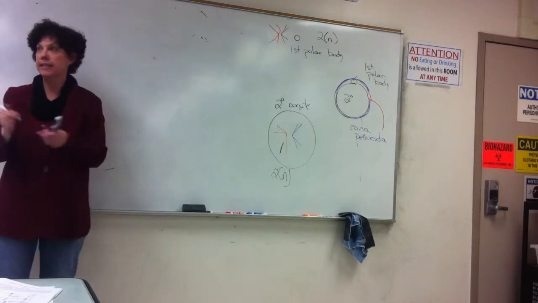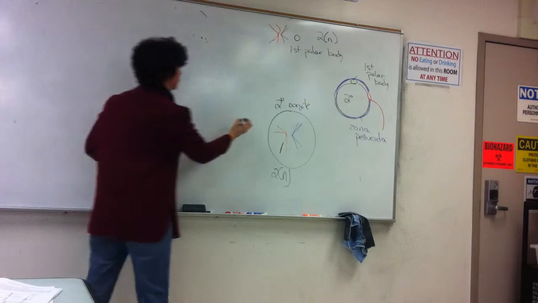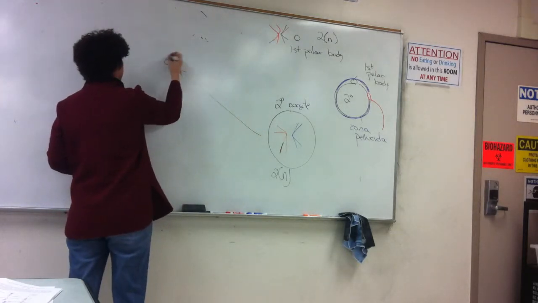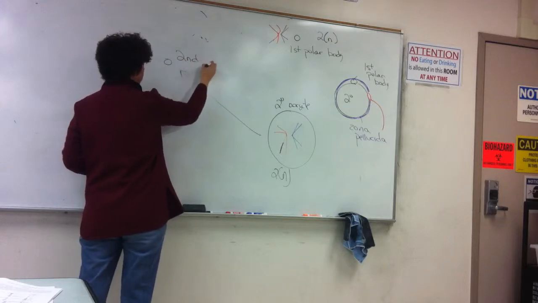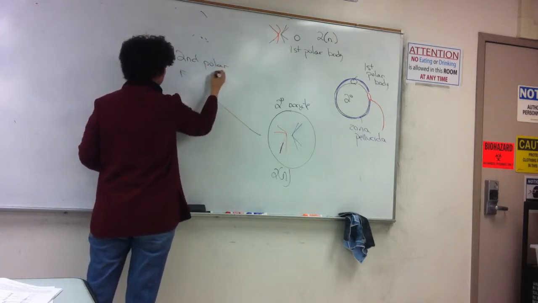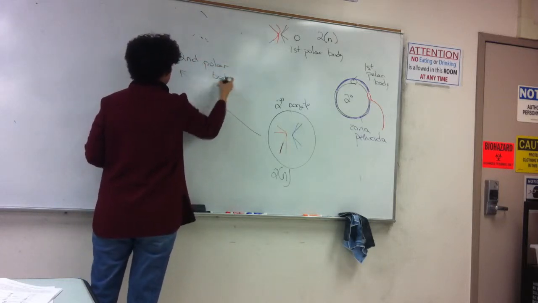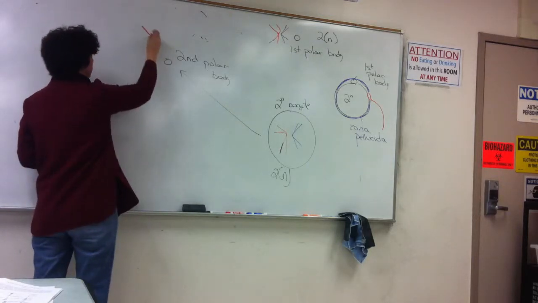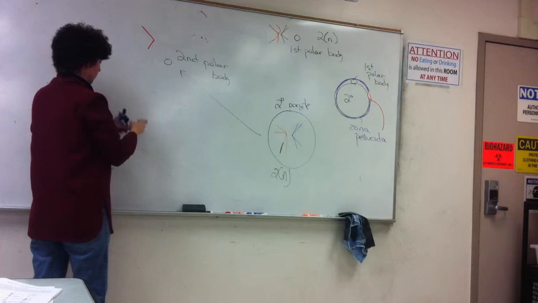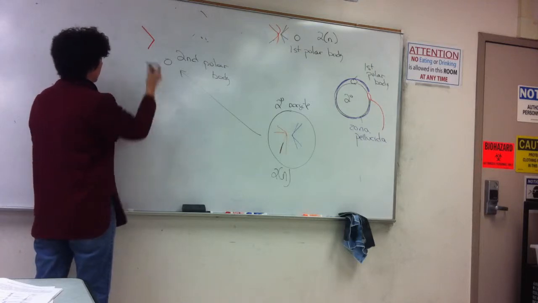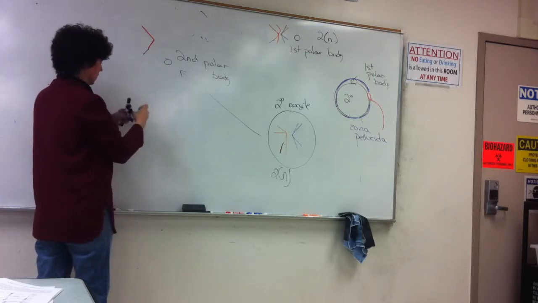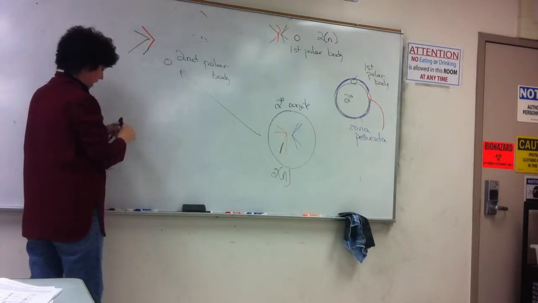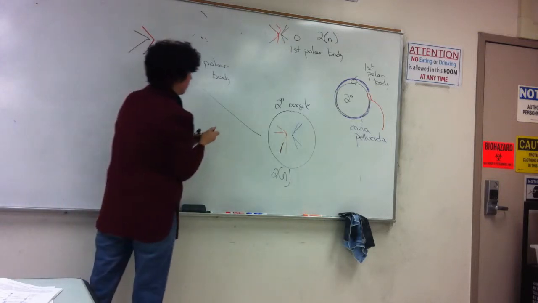Then it will undergo the second meiotic division, make a second polar body, and make an ootid.